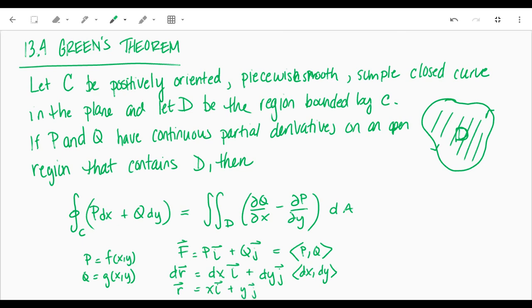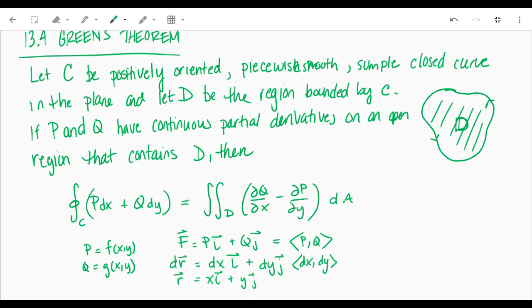That's how I want to write it. I'm not sure that I want to include that last piece there, but anyways.